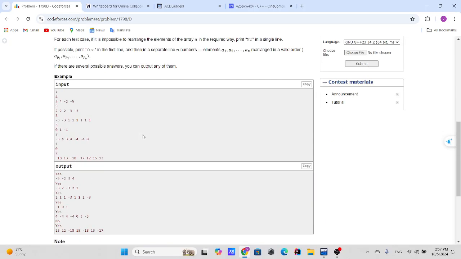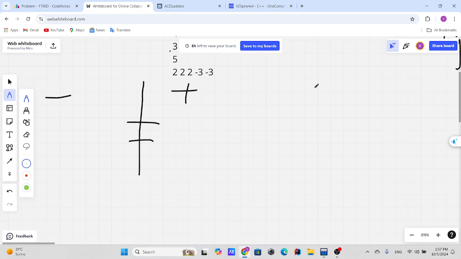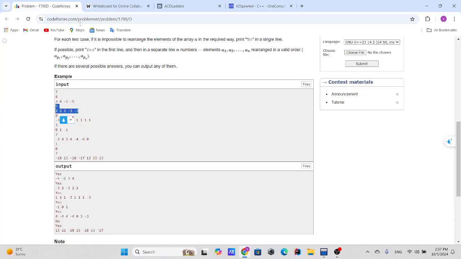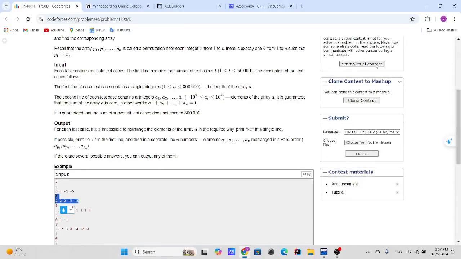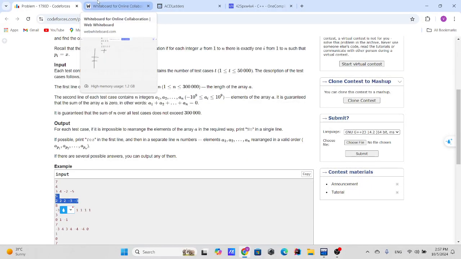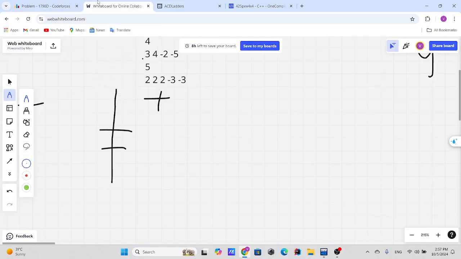But what does that actually do? I don't know. It's a 1600 problem and it's a D of division 2, so I'm going to take my time, and there's actually no need to rush.